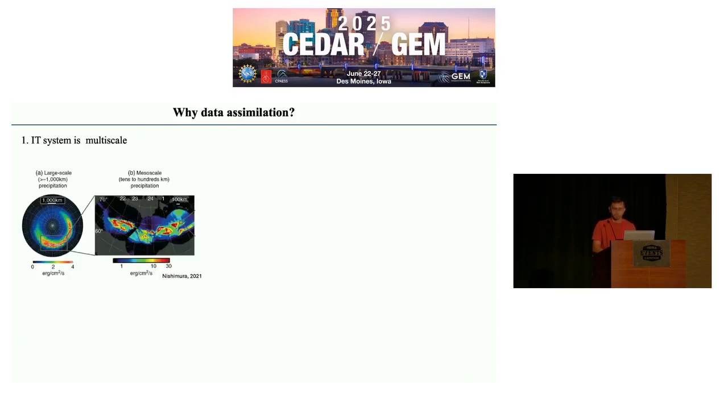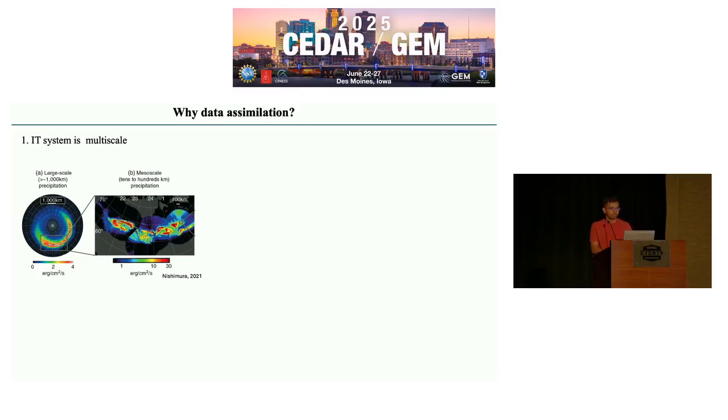Now I want to talk about why we need data assimilation. The ionosphere-thermosphere system is multi-scale.